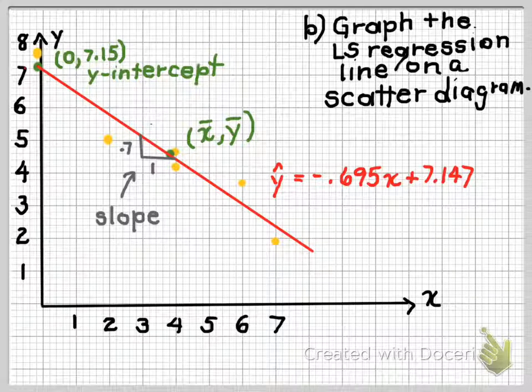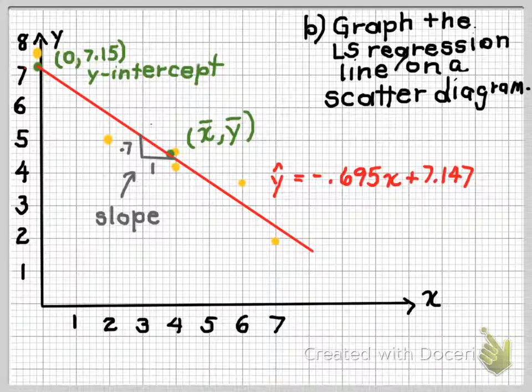Those are the observed values, the points obtained from the table given in the question, all of the x, y's of the observed values. So that's the scatter plot. The red line is the graph of the least squares regression line, of the line of best fit.